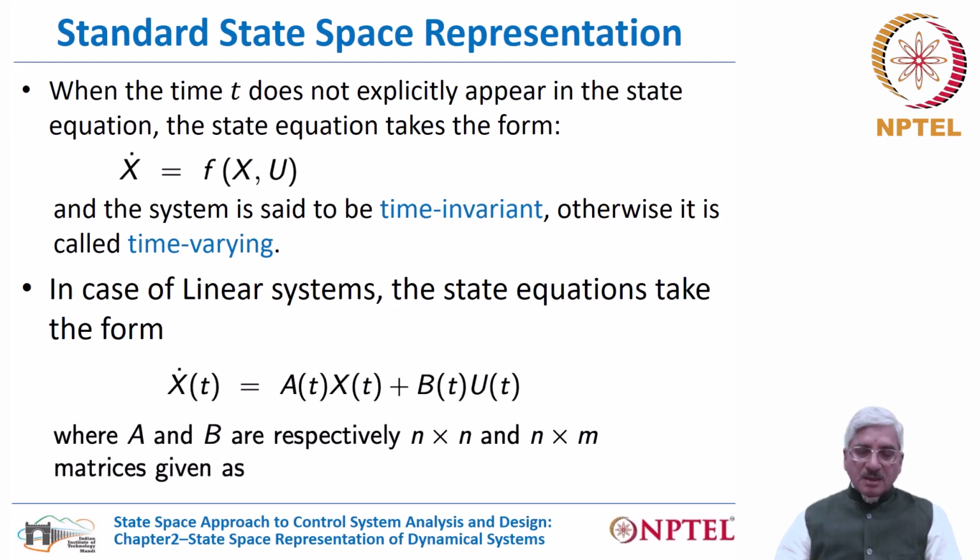and in this case A, which is called the system matrix, is a square matrix, n by n, and B, which is called the input matrix, is an n by m matrix.